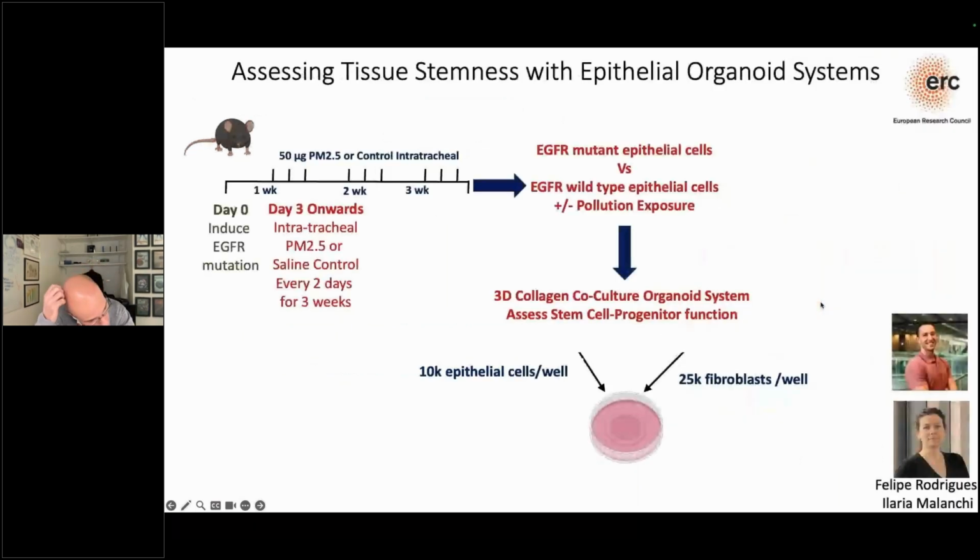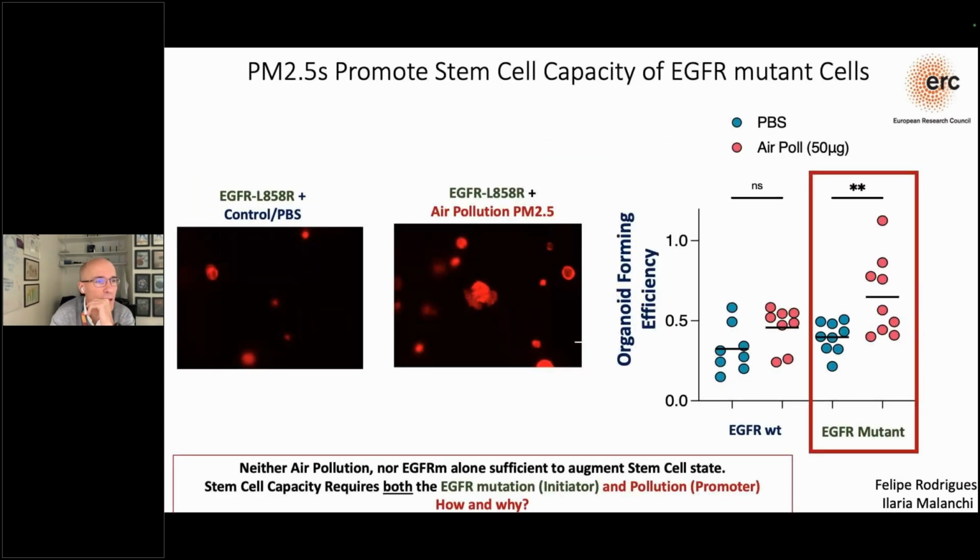So we wanted to know if this stem cell wound healing program was being switched on by air pollution. And to do this, we developed with Ilaria Melanchi at the Crick this organoid assay, which gives us a readout as to whether or not there is stem cell progenitor activity following air pollution exposure. And organoid forming efficiency is shown here on the y-axis.